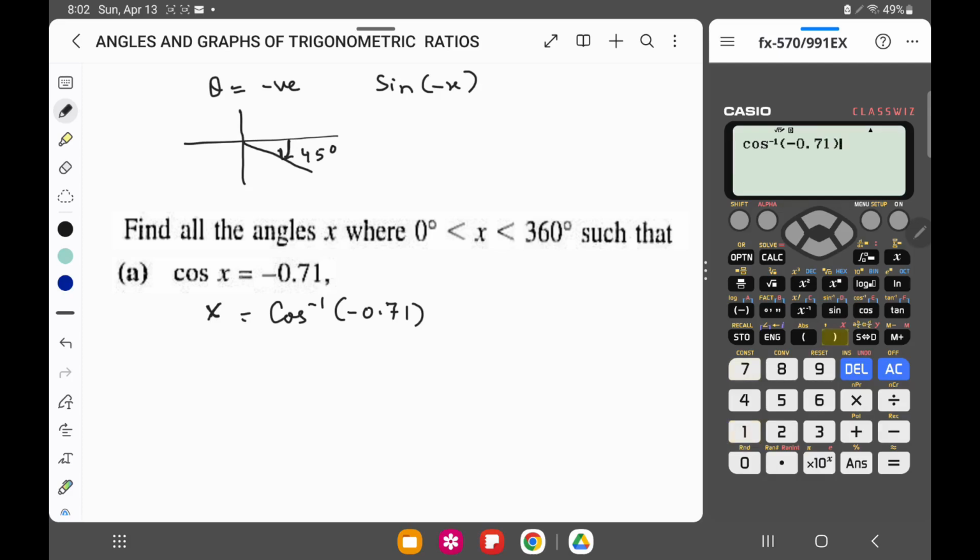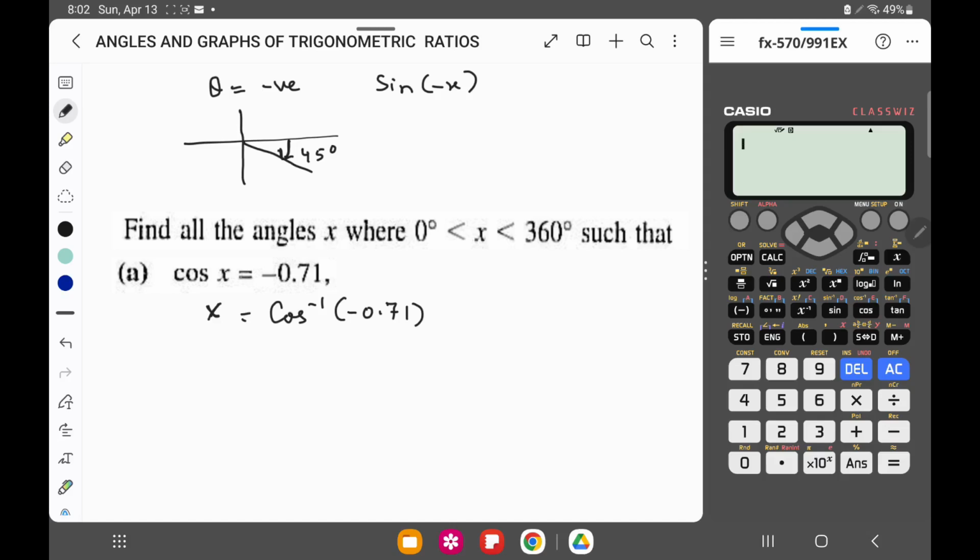Check that it's the same number, and then it becomes 135.2 degrees. I'm taking angles to 1 decimal place. So your angle comes to 135.2 degrees.